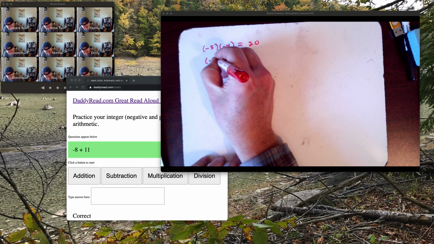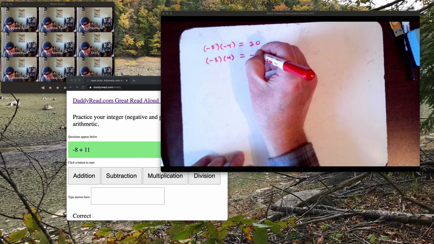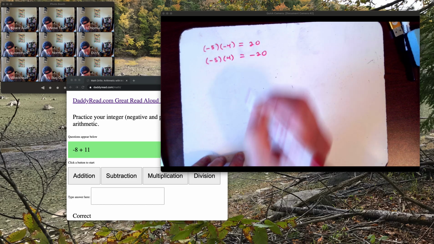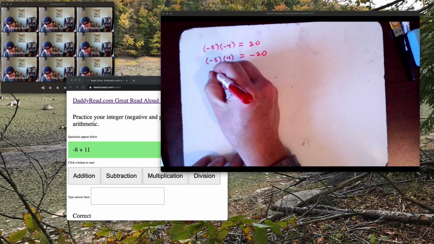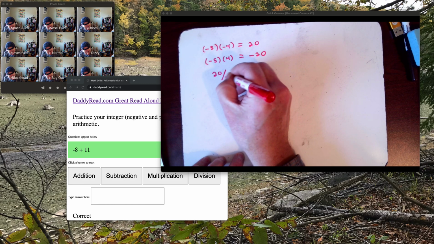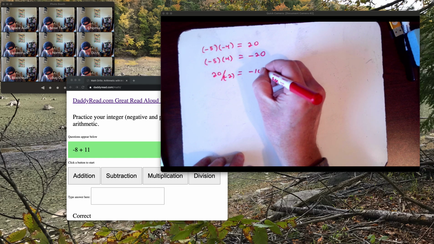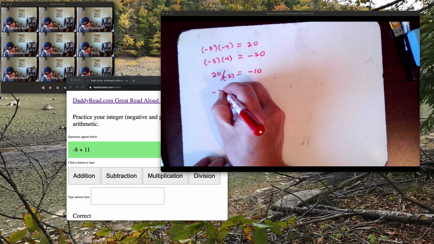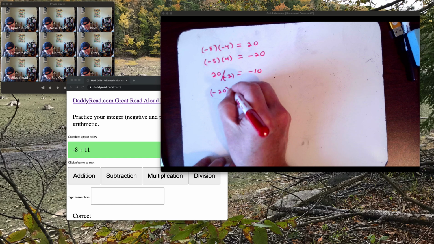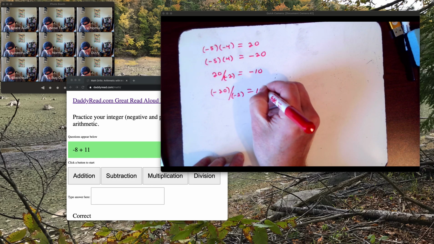A negative times a positive is a negative. And the same thing works for division. A positive divided by a negative is a negative, and a negative divided by a negative is a positive.